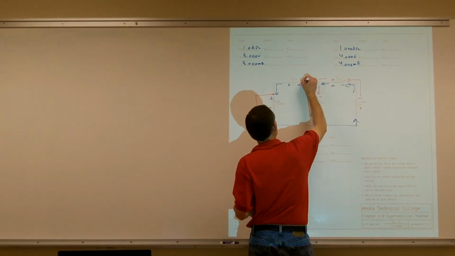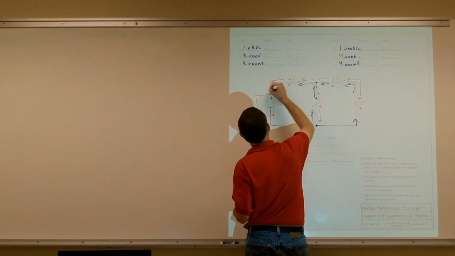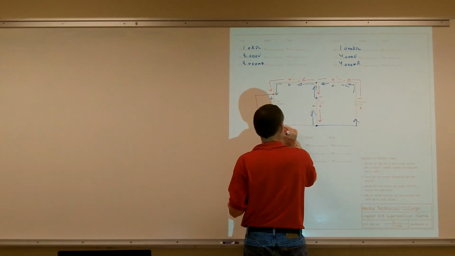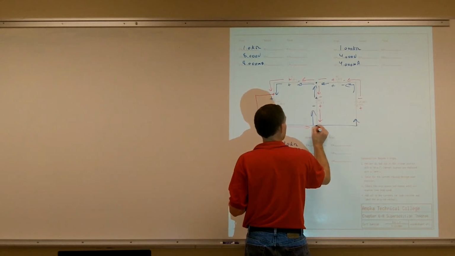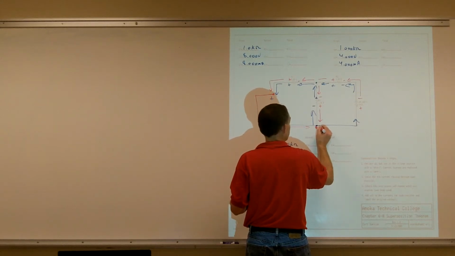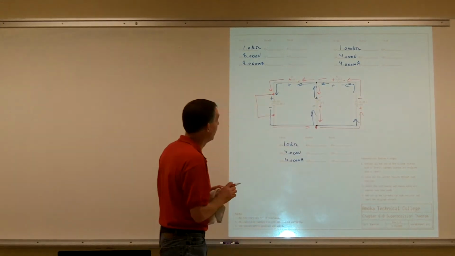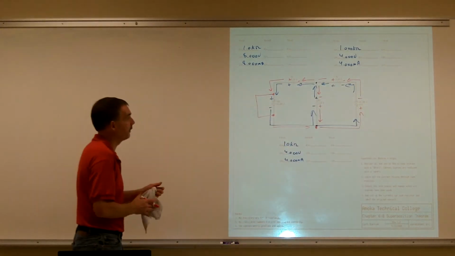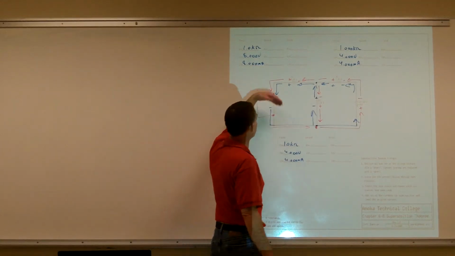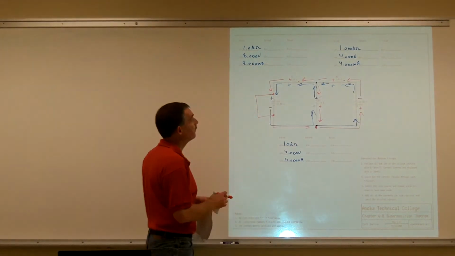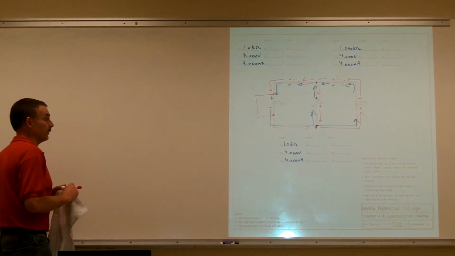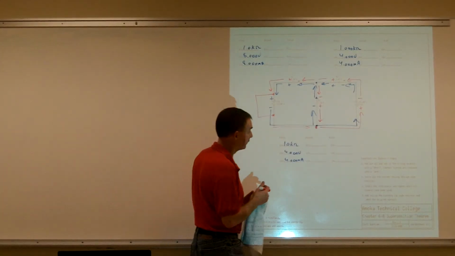The remainder is going to go this way, through my short, into this current node here. Those two currents are going to combine, and then my current goes back into my source. Okay, so that's going to be the polarity of my second path. Everything in red now is my polarity across my components. And then we'll come back to that and see why we need that information.